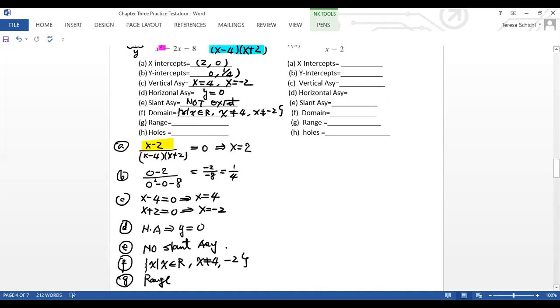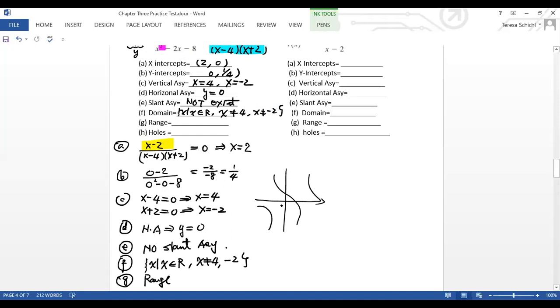But in here, because I have a horizontal asymptote y equal to 0, that means when you graph it, it's probably going to look something like this, and then something like here, right?